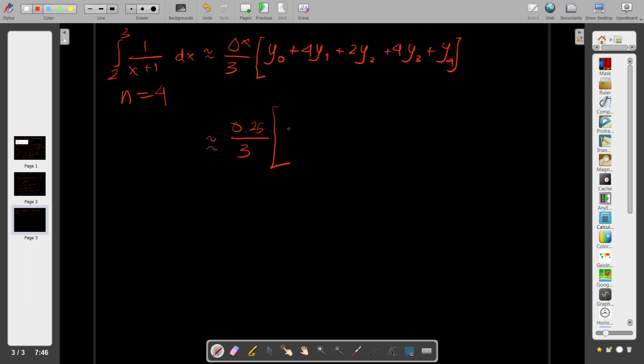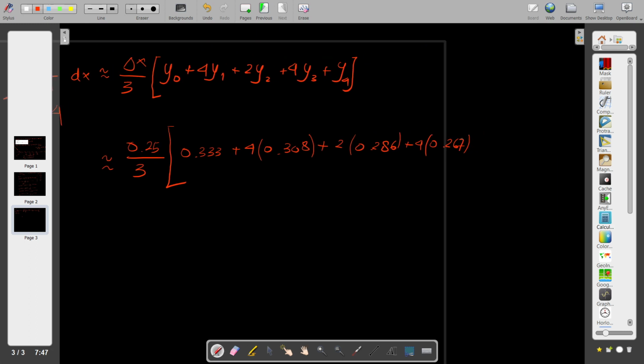Our y0 is 0.333, rounding to three numbers after the point, plus 4 times y1, which is 0.308, plus 2 times y2, which is 0.286, and then plus 4 times y3, which is 0.267, and then plus y4, which is 0.25.